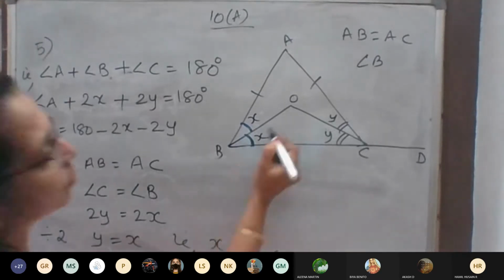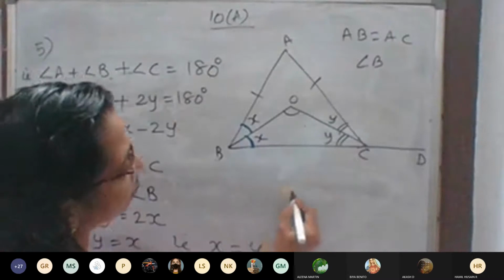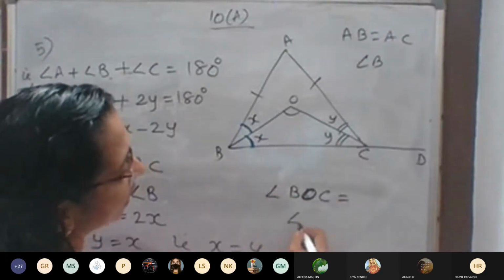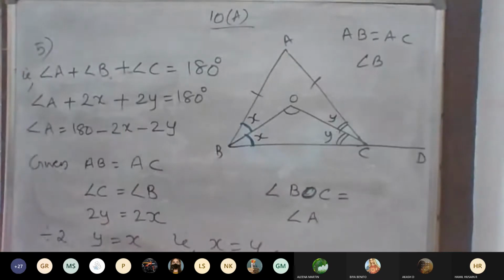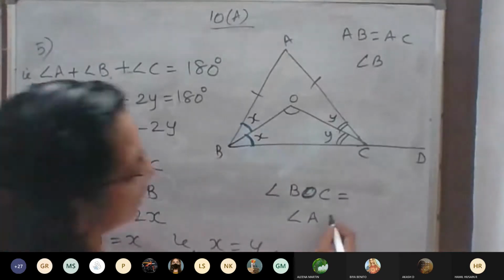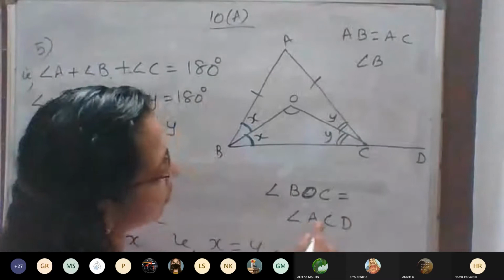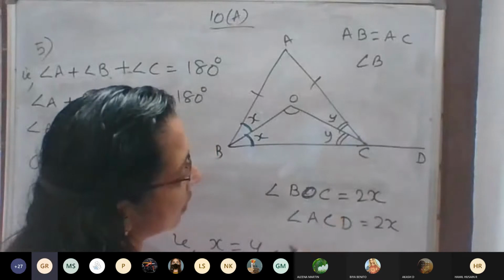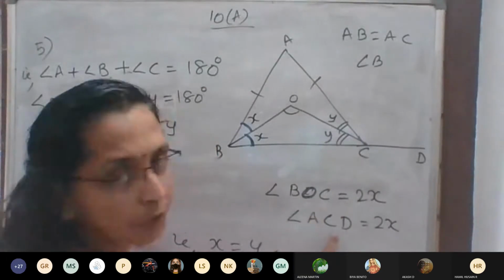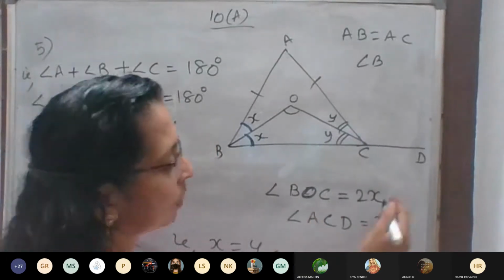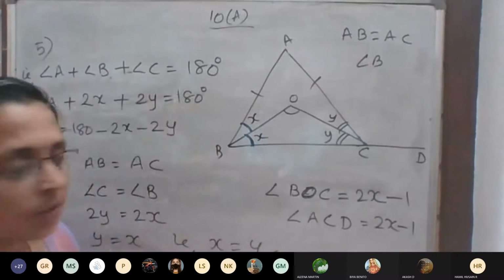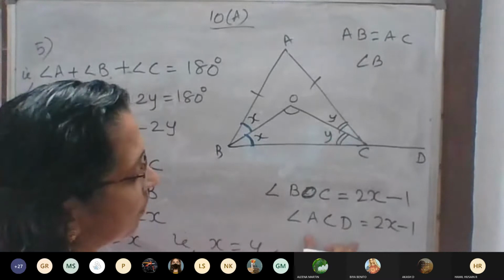Suppose we get angle BOC as 2x, then ACD also we want to get as 2x. Then only we can say angle BOC is equal to angle ACD. Or if you get 2x minus 1, this also you want to get as 2x minus 1. So separate values we have to find out.